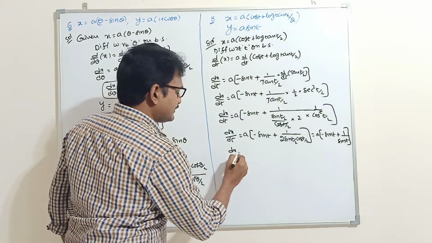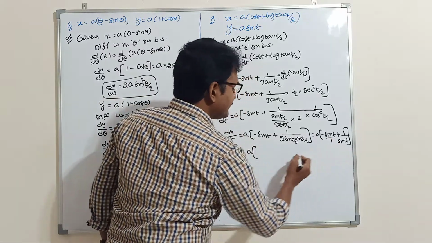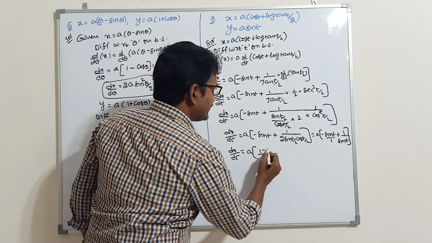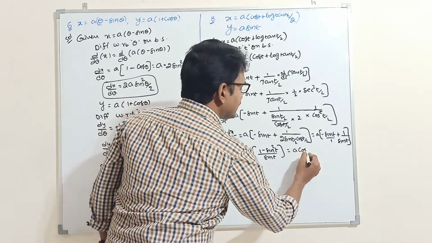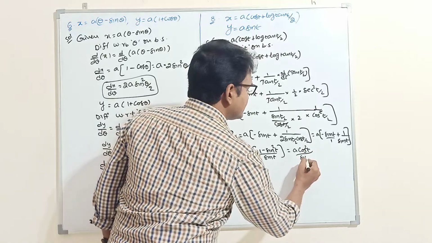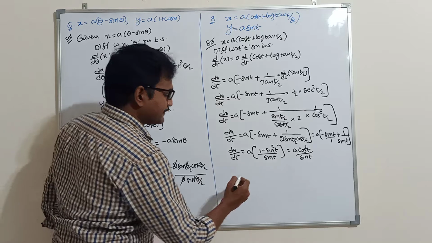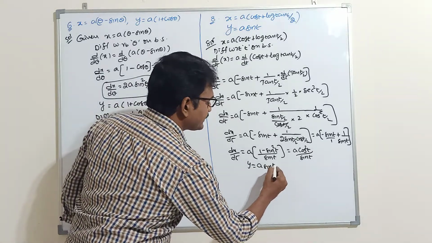So dx by dt is equal to a into, if you take LCM, then sin t is the LCM, 1 minus sin square t. So a into cos square t by sin t. This is the value of dx by dt. Next, what is y? y is equal to a sin t.